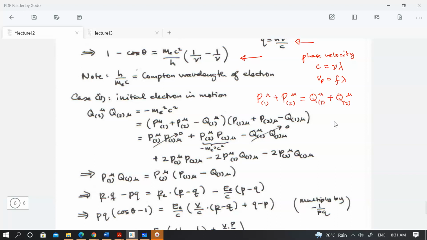So you get P1 mu P2 mu, P1 mu Q1 mu, and P2 mu Q1 mu with a factor of 2. This is what's left because the rest cancels off, and you can re-express P1 mu Q1 mu in terms of the other two cross terms.